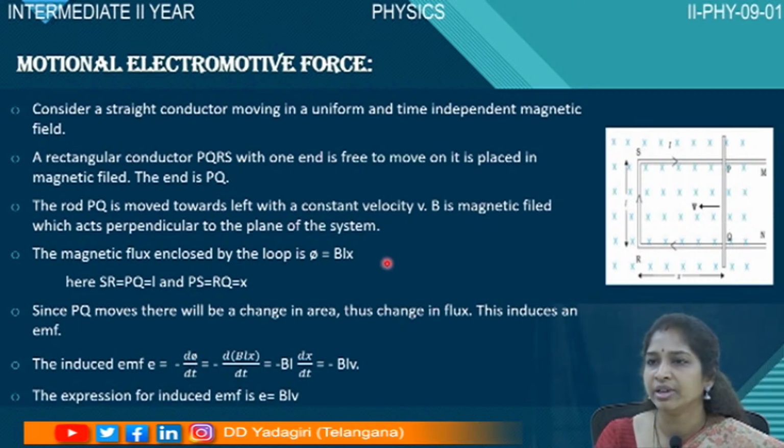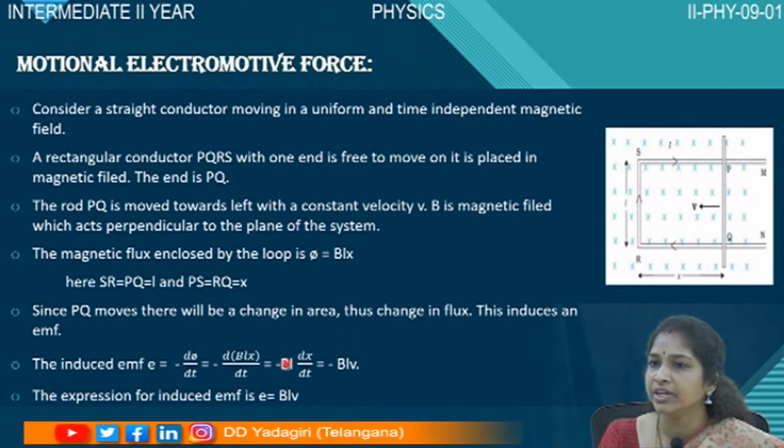What is phi here? BLX. You substitute that in this equation. So if I substitute, what do I get? E equals minus d by dt of BLx. If you observe, the magnetic field induction is constant, and length is not changing, so that is also constant.